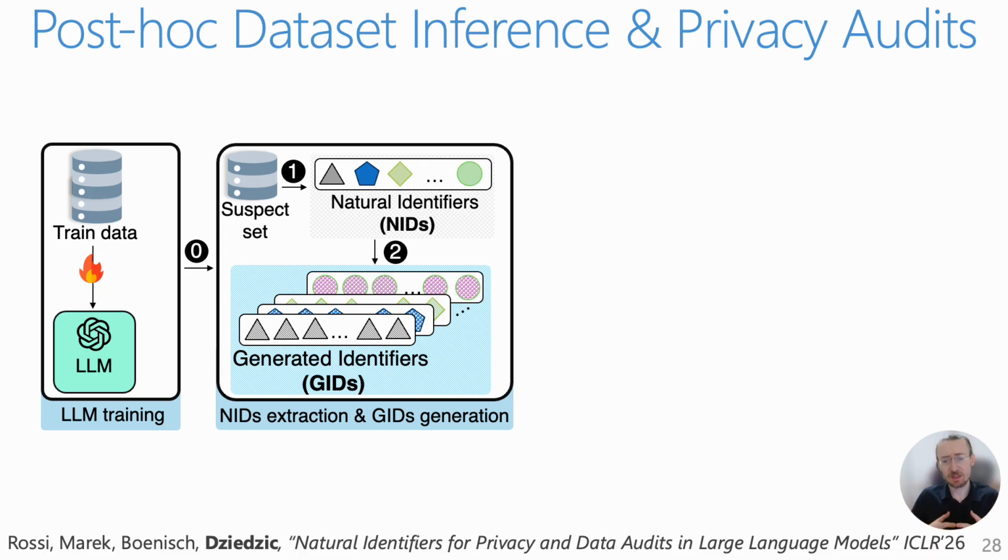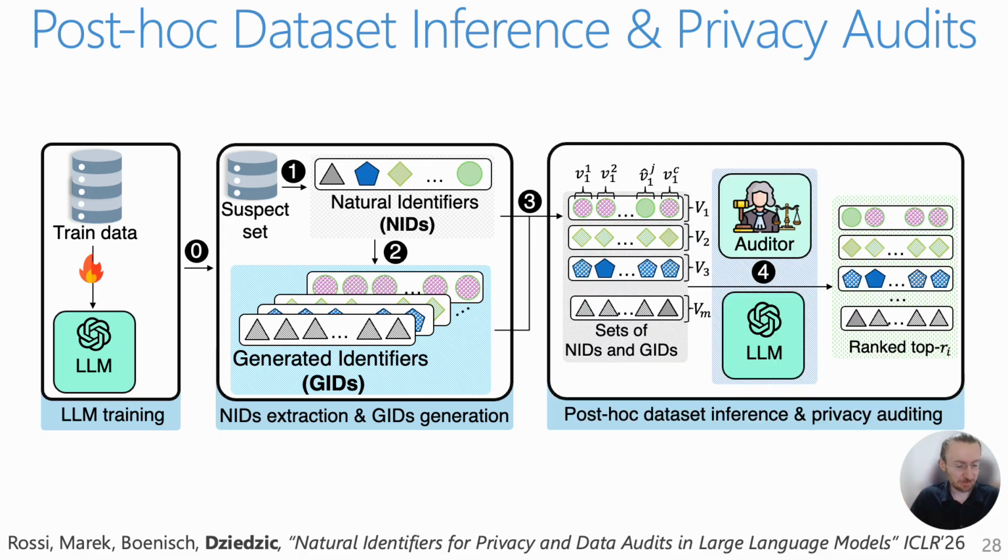As we discussed, given a suspect set, for example, one might accuse one of the big companies of training on my code. Then we take my code, extract from it all of these SSH keys, MD5 hashes, and specific random strings. And for these identified natural identifiers, we generate the GIDs, the generated identifiers.